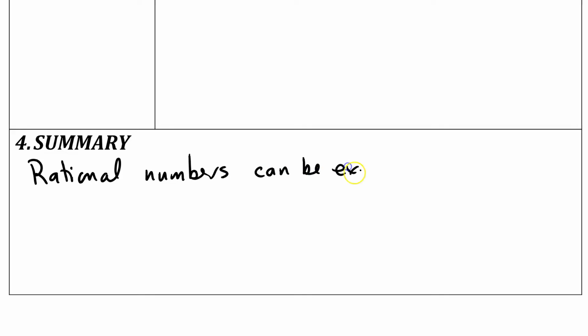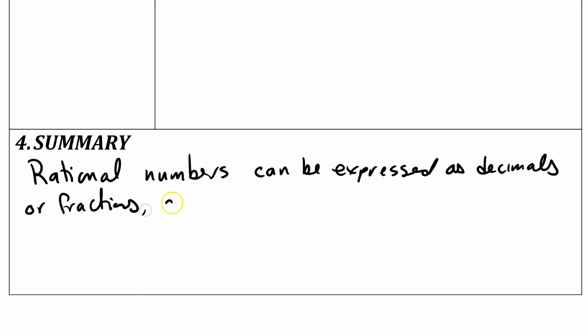So I'm going to give you an example summary this time. If I were to be writing a summary for myself, I would say that rational numbers can be expressed as decimals or fractions, and can be placed on the number line.